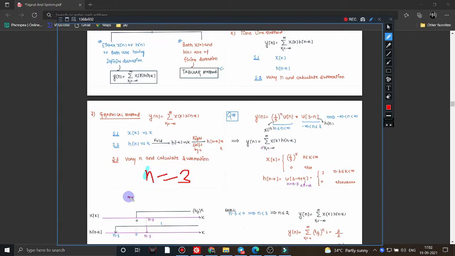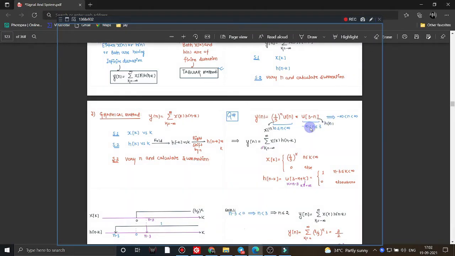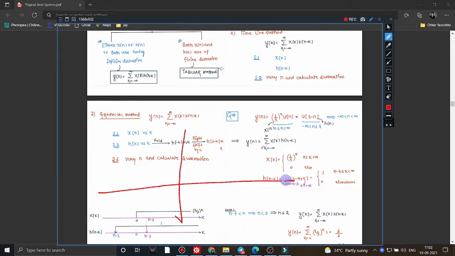So the limit is from minus infinity to that breakpoint, minus infinity to 3. So the common part here is 0 to infinity.